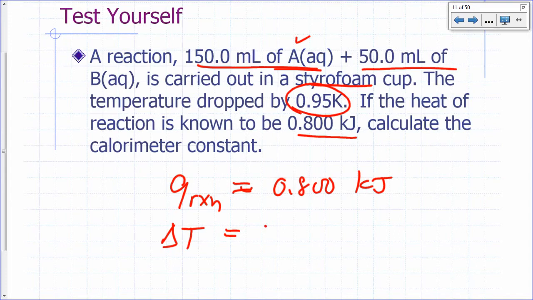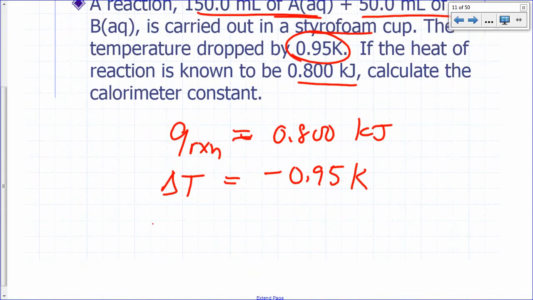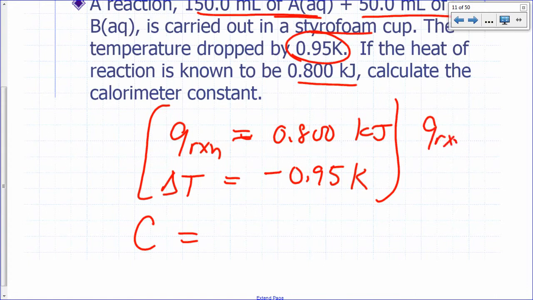So delta T is what? Positive or negative? It drops, so negative 0.95 Kelvin. What is the heat capacity of our reaction mixture then? What's the formula? The most important formula to know for measurements of heat for reaction, Q reaction is minus C delta T, right?